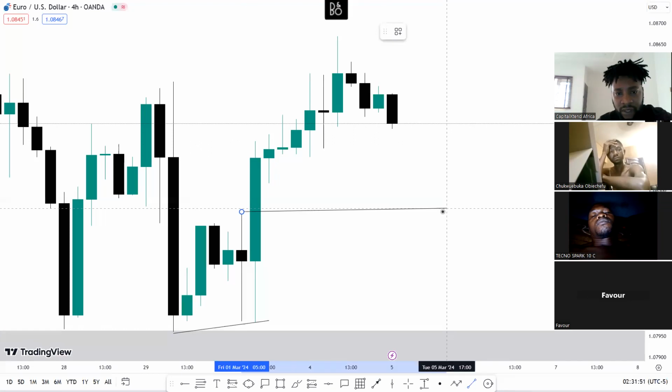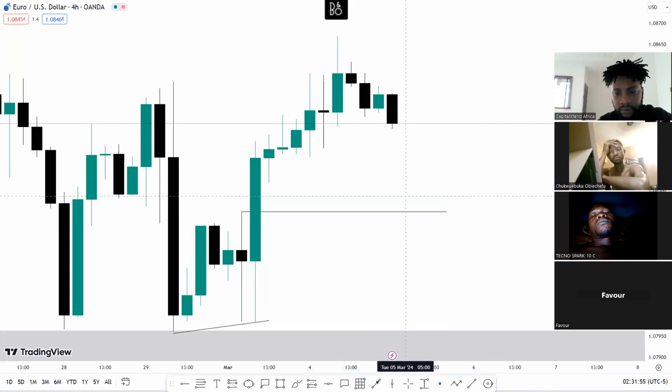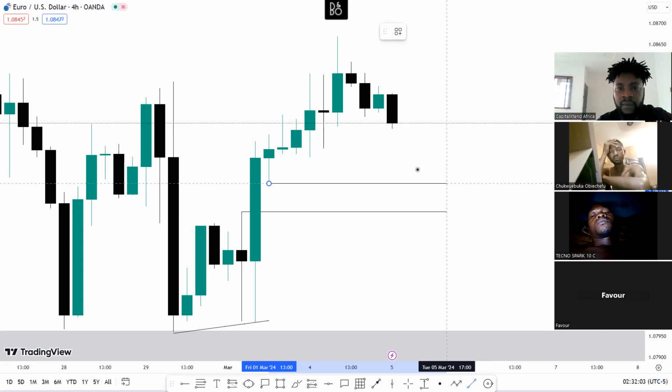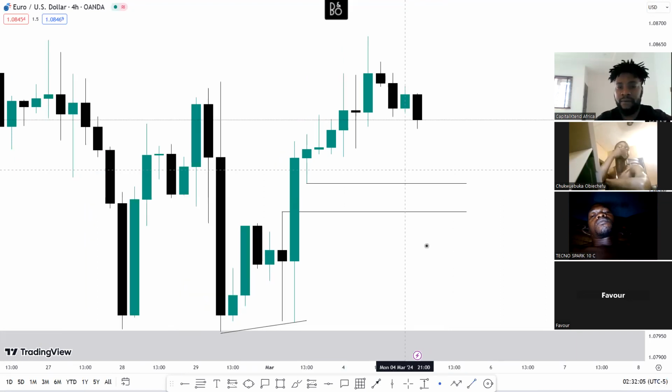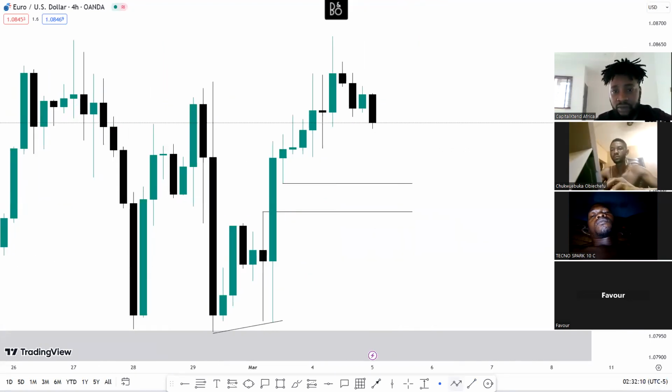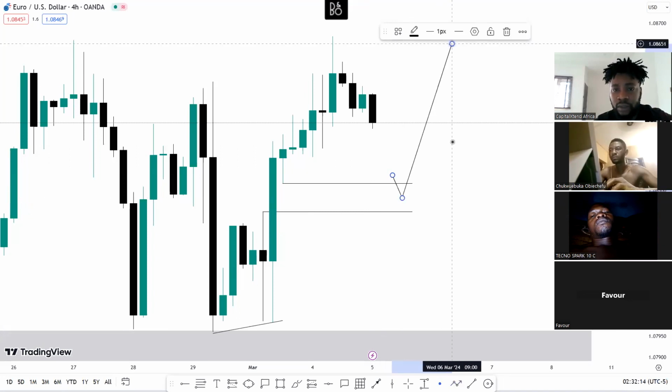I have this 4-hour gap here, right? So from what we are seeing on Euro USD, we're expecting price to drop into this 4-hour gap to continue the up movement, right?